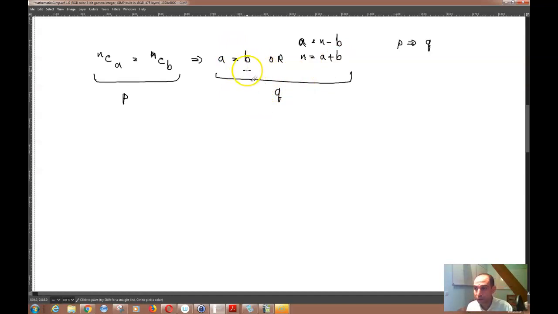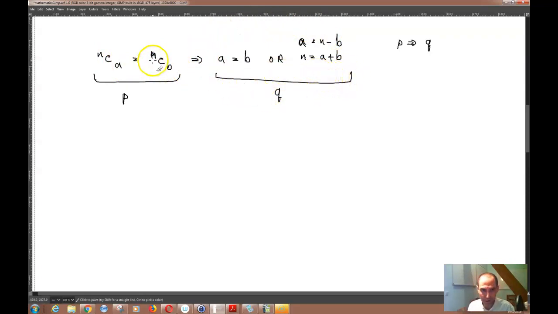The second part, I said that Q is a necessary condition for P, meaning that when I say that P is true, meaning that n combination A is equal to n combination B, then this statement has to be necessarily true.